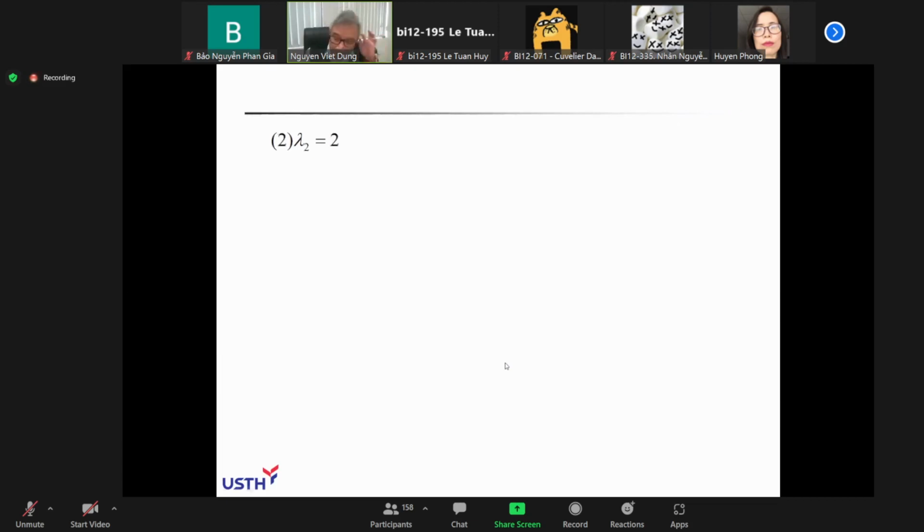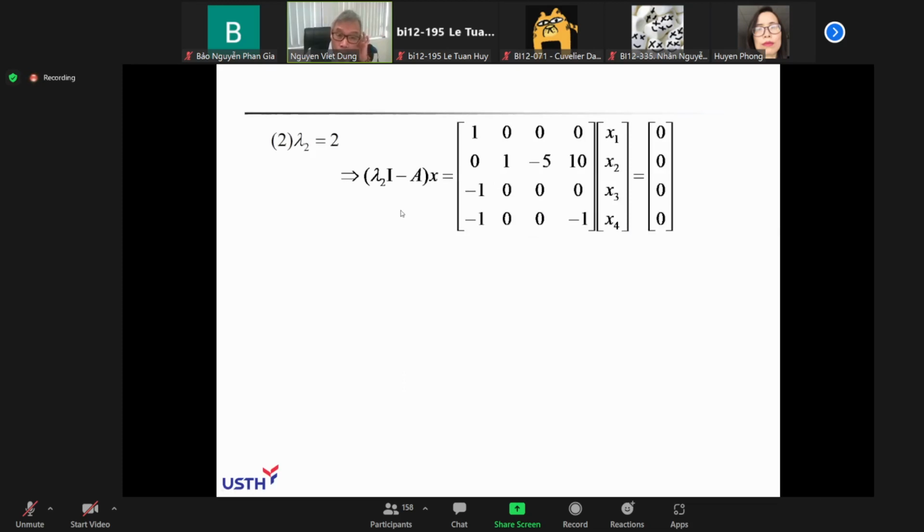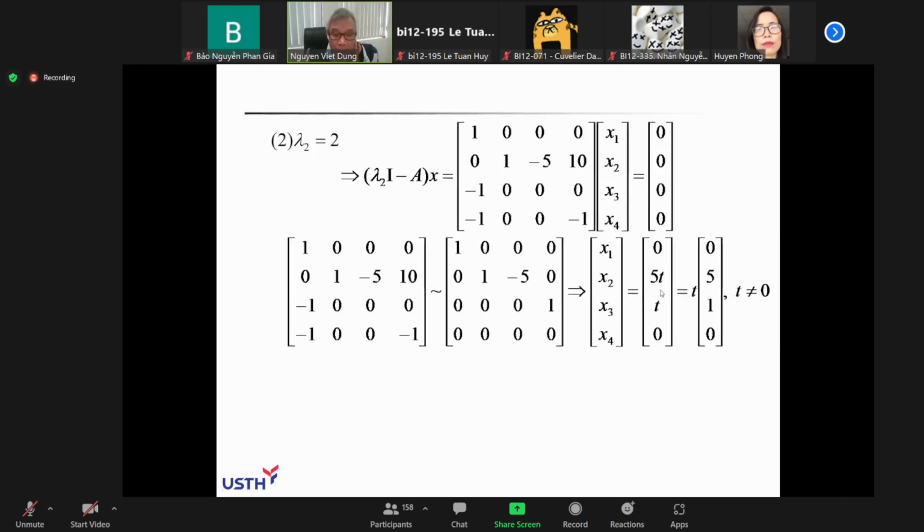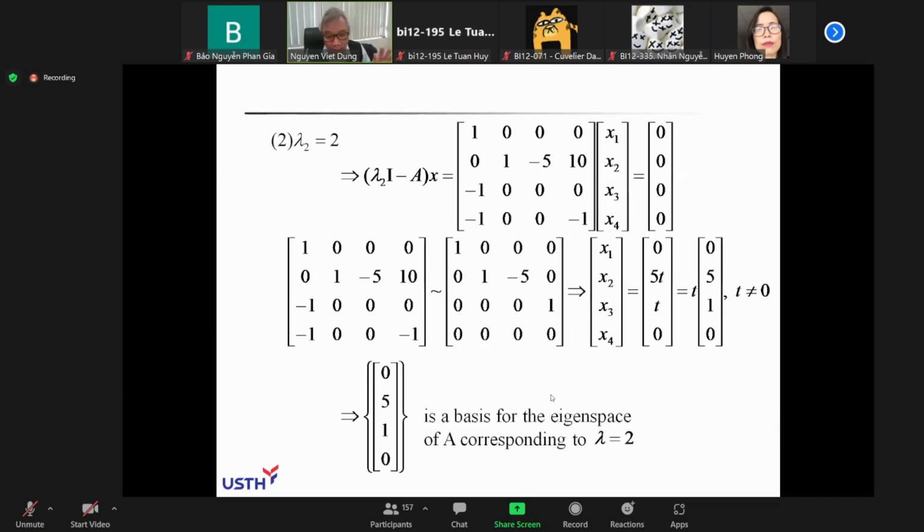The second eigenvalue, lambda equals 2. Then again, looking at the homogeneous system of linear equations, we get that one. Solving that, you get the solution t times that vector. Because an eigenvector must be non-zero, we require t is non-zero. However, if you consider the eigenspace, then that one vector is a basis for the eigenspace, or in other words, the eigenspace of A corresponding to lambda equals 2 has dimension 1.